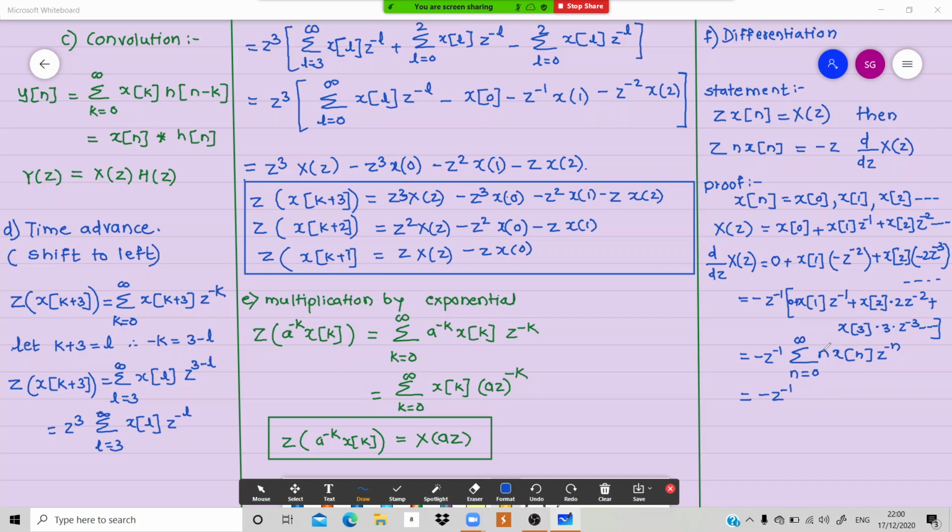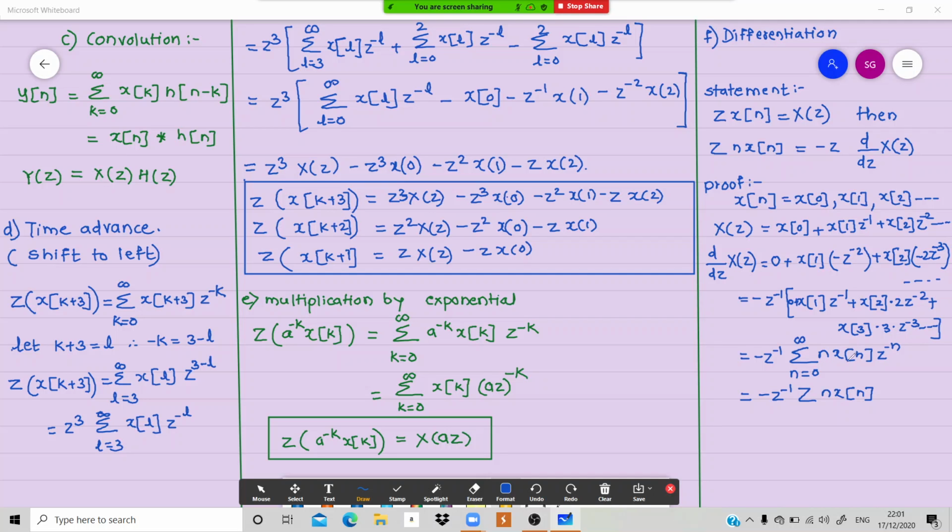Very well you can understand by this that it is the z transform of n x[n], just like we did here. We have taken this inside. Same thing you are having n z to the minus n. So I'll write this is the z transform of n x[n], because this is z raised to minus n.